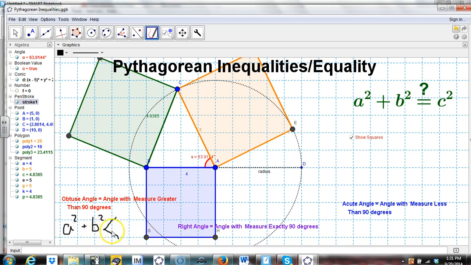If this sum is less than the c squared value, that means that that c squared value is bigger than this sum, which would imply then this third side is bigger than the hypotenuse would be if it was a 90-degree angle, right? So if the a squared plus b squared is less than that c squared, this bigger triangle or square, then it's an angle that's bigger than 90 degrees.